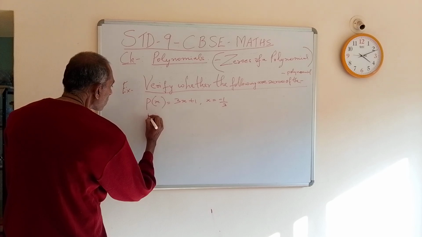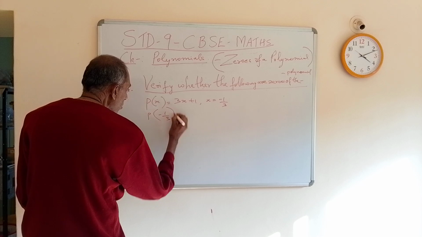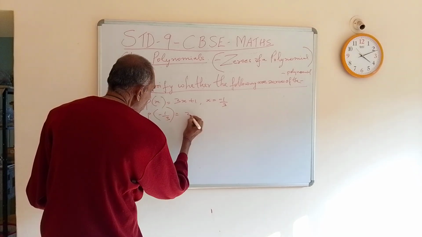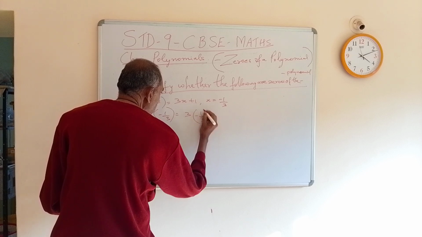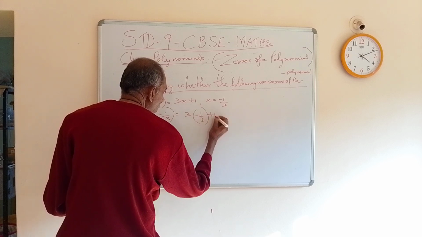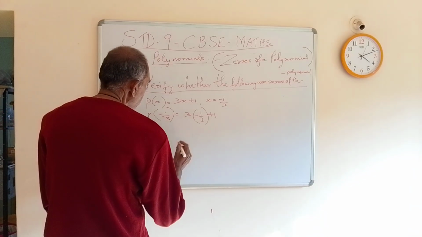So p(x) is equal to 3x plus 1. So p(-1/3) is equal to 3 into minus 1 upon 3 plus 1. So this is multiplication now.